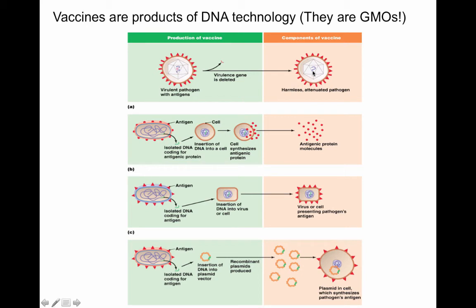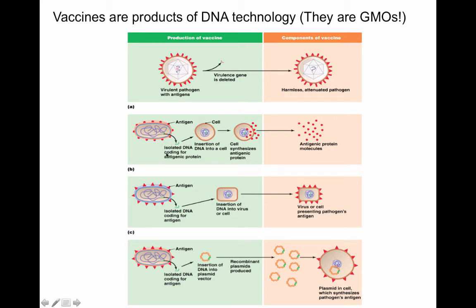And so this is our pathogen now with the virulence genes removed. We'll take a bunch of these, load them into a syringe, and give somebody a shot. So this is a weakened live vaccine. It says harmless, but remember it does carry some risk, especially in weakened state people.